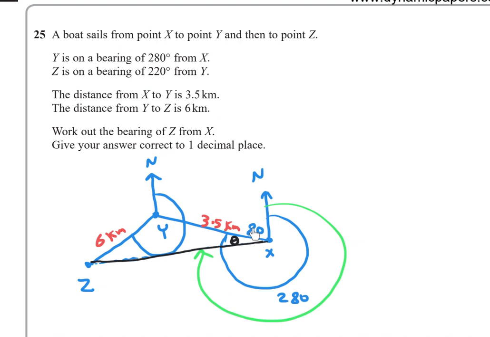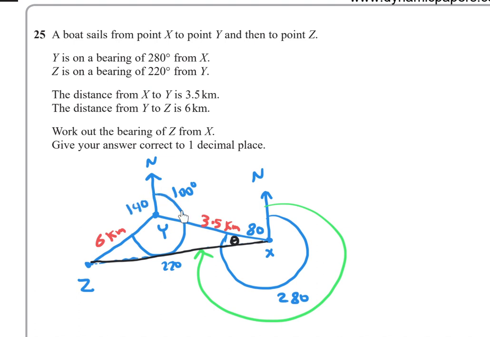If this angle is 80, we can deduce that this angle is 100. Now we have the bearing of Z from Y, 220, so to find this angle, 360 minus 220 equals 140, so this angle is 140.